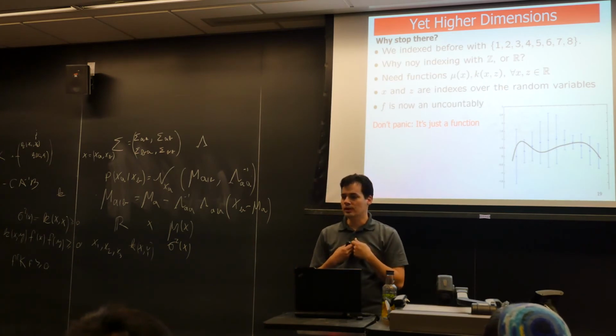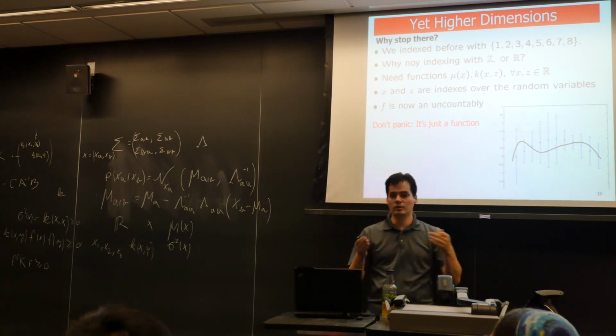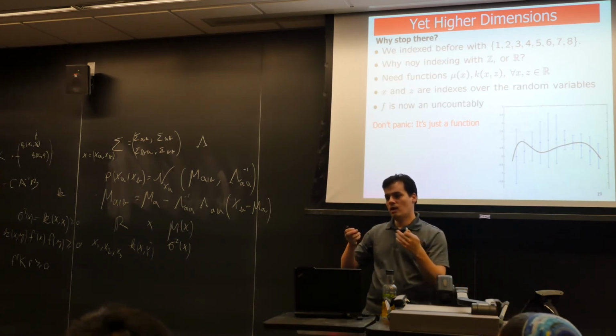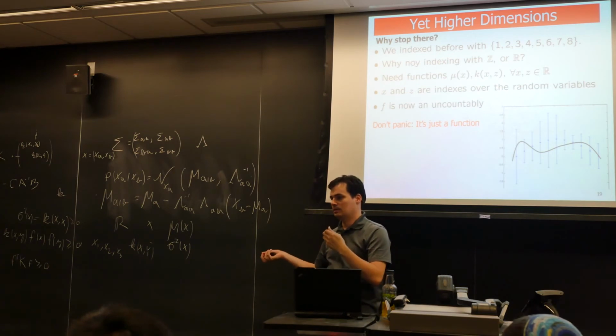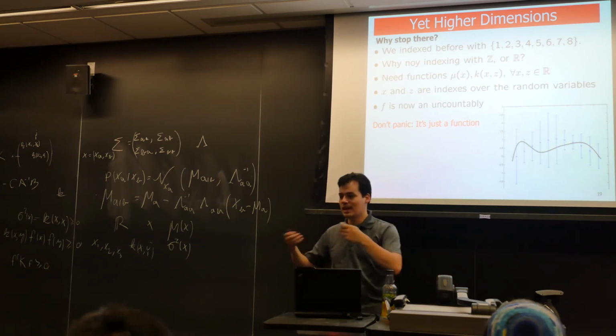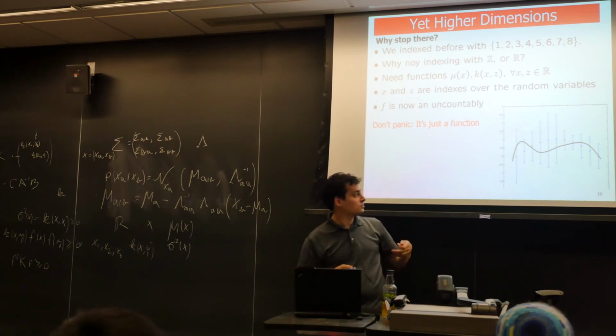And what we want to do in machine learning is that we will have a training set of input-output pairs, and we want to learn a Gaussian process that's somehow compatible with the training set.